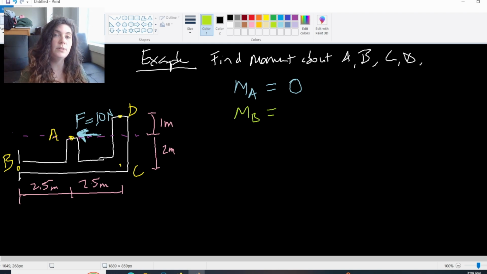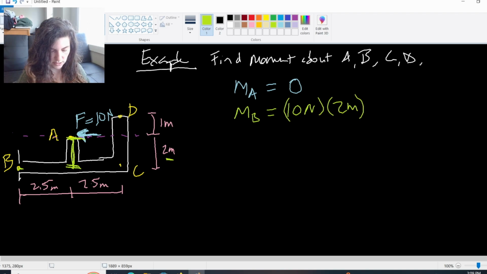Well, it's the perpendicular distance between point B and F. Over here on the side, it labels as 2 meters. So it's going to be 10 newtons times the 2 meter perpendicular distance is 20 Newton meters.